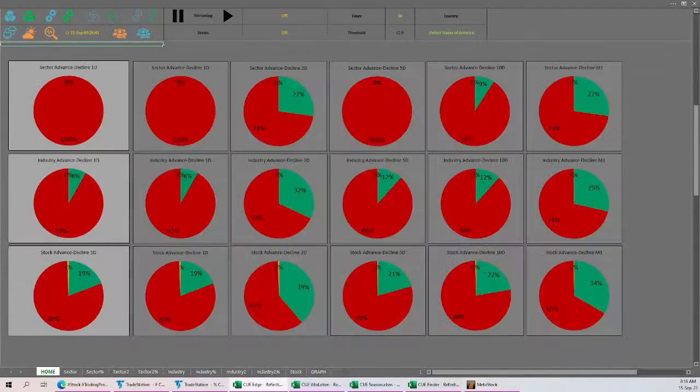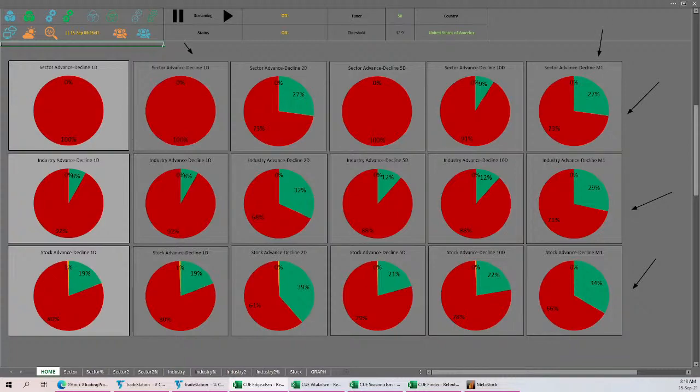Though the market ETFs, market breadth, global markets state did not change, Q edge has some change in state. This very useful sector industry stock advance decline from 1 month to 1 day.